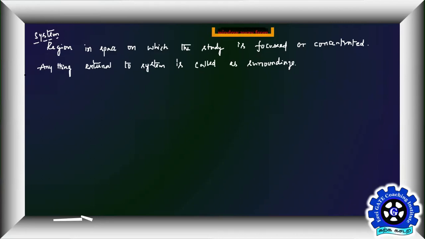And the other one is our boundary. How do you define a boundary? Anybody? A layer separating the system and the surroundings. Very good, fantastic.